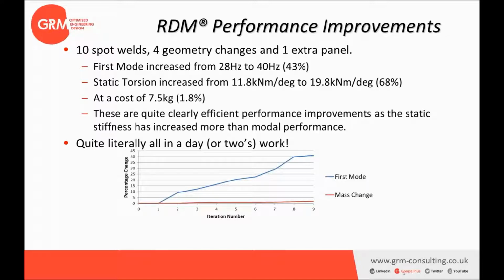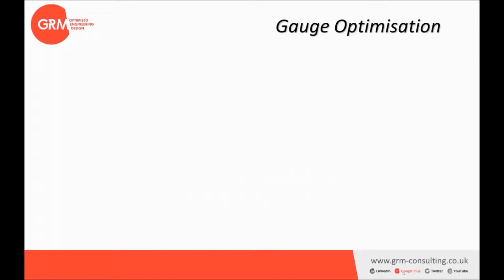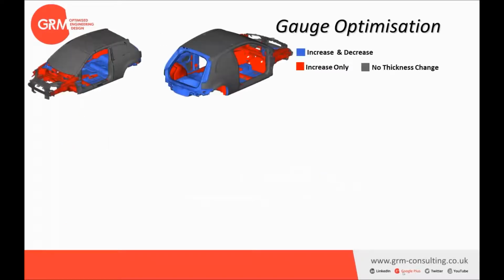So because of this, we then did a gauge optimization, which means that we try to improve the thickness of each of the panels, try to reduce the thickness when it's not necessary. We have then divided the panels in 3 categories. The blue panels have a thickness that can increase and decrease.